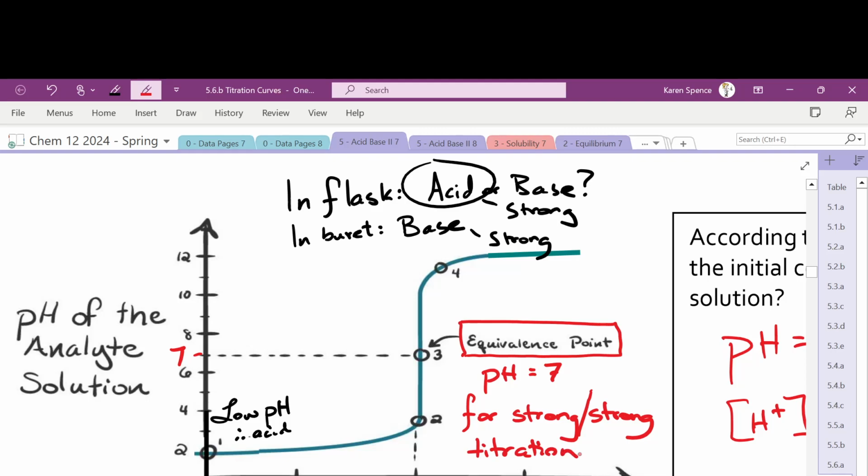How can you recognize the equivalence point? How do you know where the equivalence point is? Like, here it points at it for you and says equivalence point. But what if I drew this and I said, circle the equivalence point for me, please? Where would you put the circle?